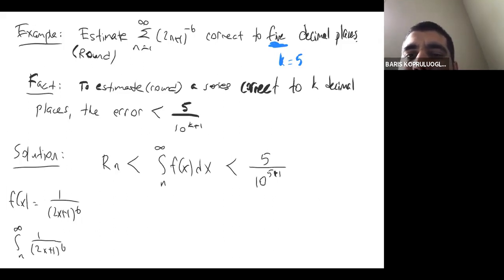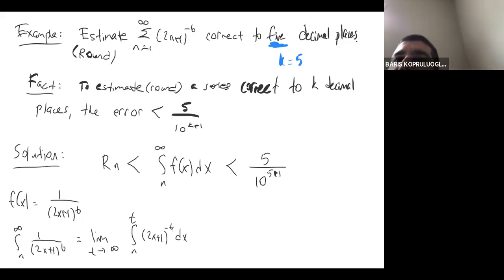It will be the limit as t goes to infinity of the integral from n to t of (2x plus 1) to the power of -6 dx.